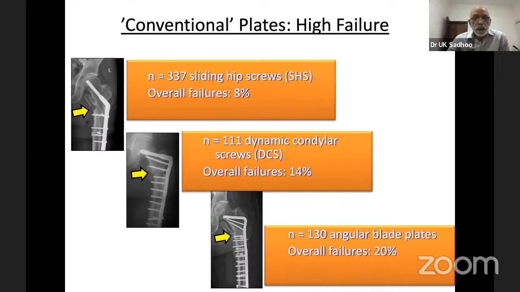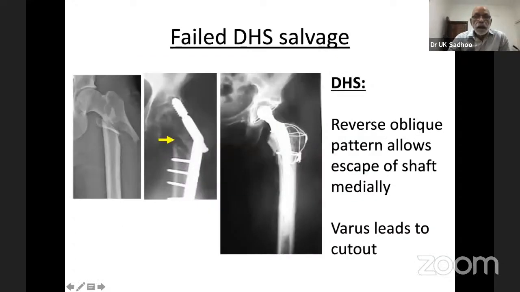If you have to use any kind of plate, ensure that the reduction is in valgus and definitely not in varus, as in these cases. I think this definitely would go on to delayed or non-union and the implant breakage. So a DHS is especially vulnerable because in the type of subtrochanteric fracture, which is reverse oblique, there is nothing to stop the shaft from moving medially.